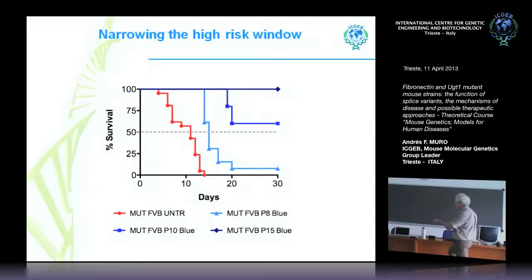And then we did, these are the single UGT knockout. We did the double knockout to see if, in this condition that is more borderline regarding death, the presence or not of MDR could have an effect.